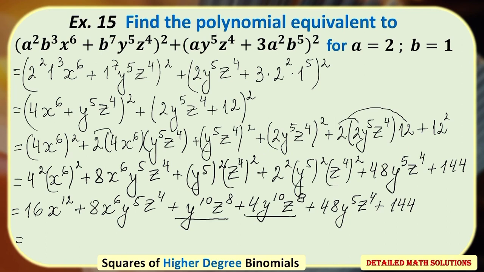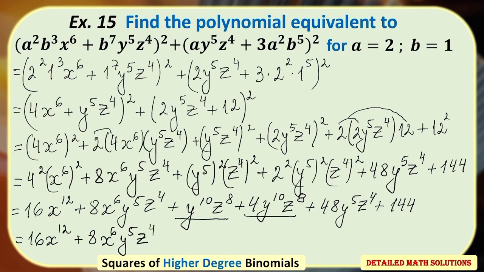And when I do that, for this expression, I'm simply going to rewrite the terms that I cannot add, and I get 16x to the 12th power plus 8x to the 6th, y to the 5th, z to the 4th.